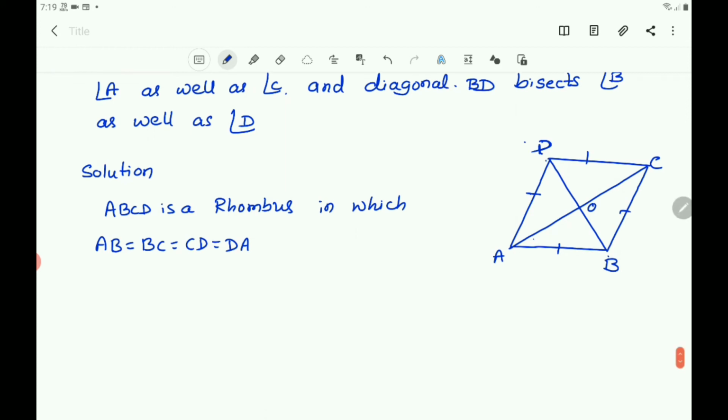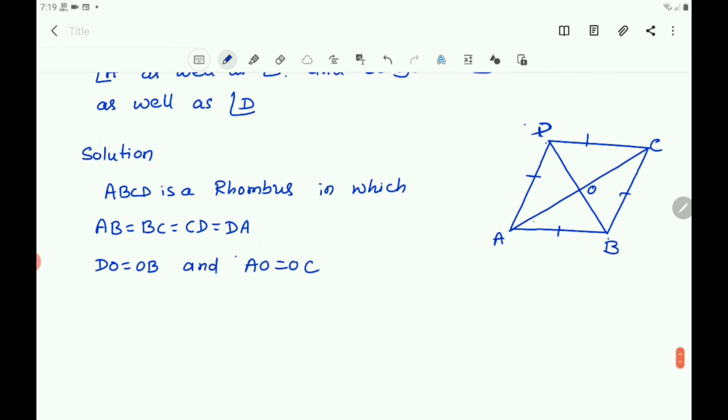You write DO equals OB and AO equals OC, and also the four angles made at a point O are right angles. That is, angle AOB equals angle BOC equals angle DOC equals angle AOD equals 90 degrees. This is according to the property of the rhombus.